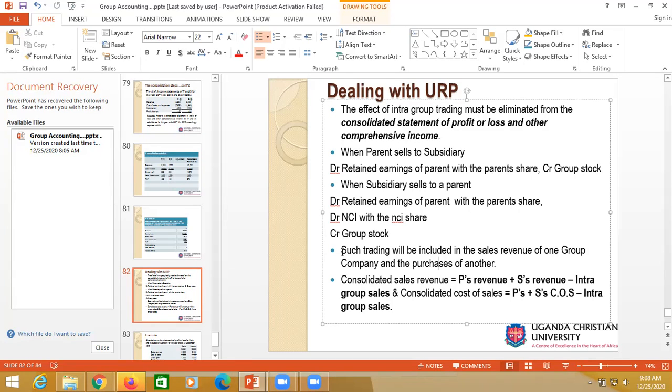In the parent's financial statements, especially the income statement, it is going to include in its sales the sales made to the subsidiary.